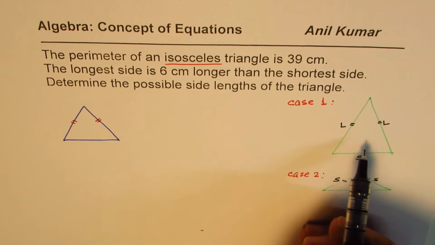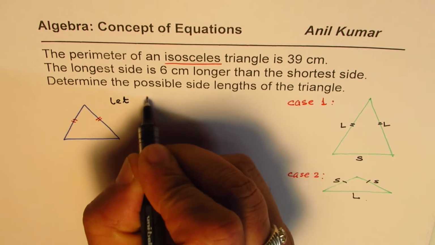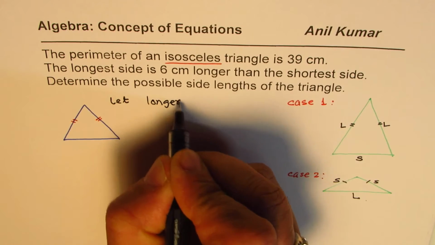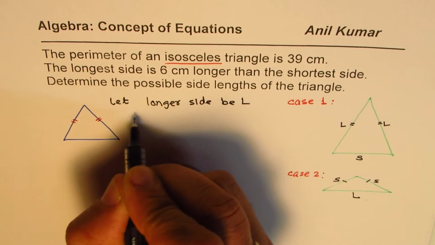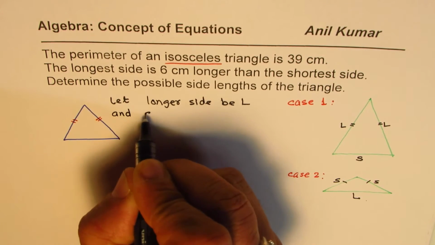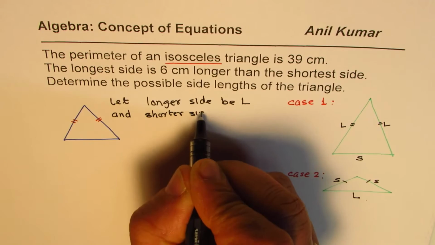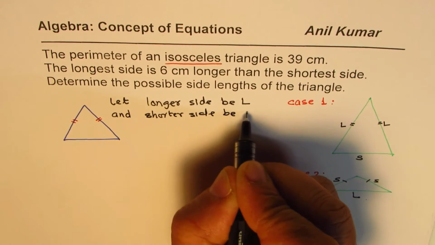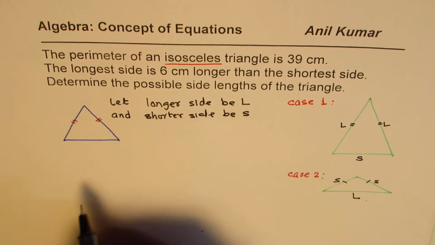The triangle has side lengths. So we say let the longer side be L and the shorter side be S, right?